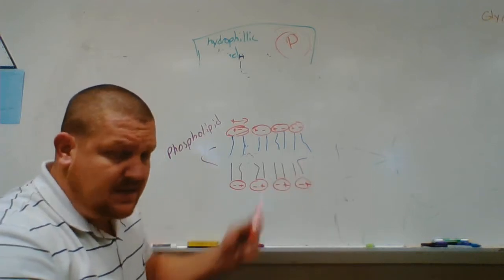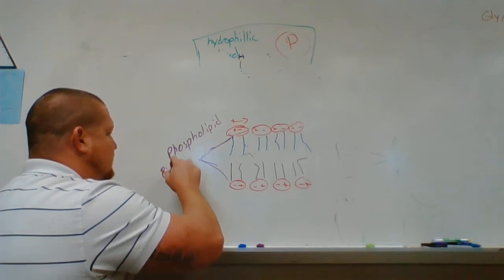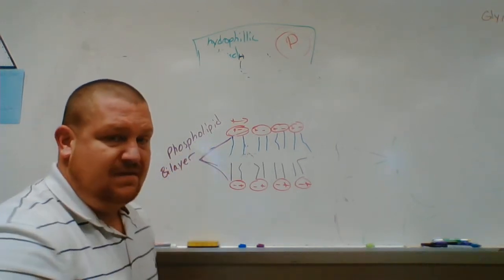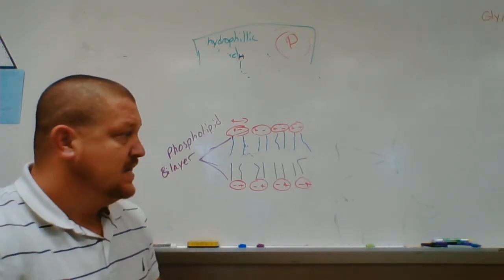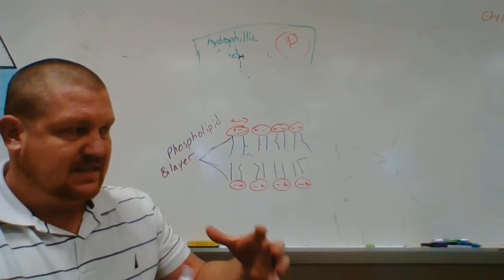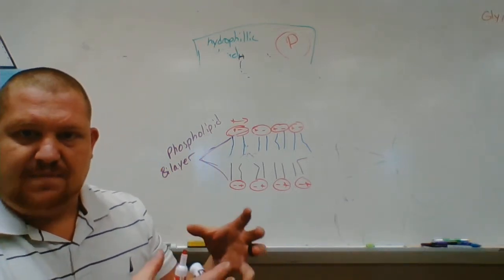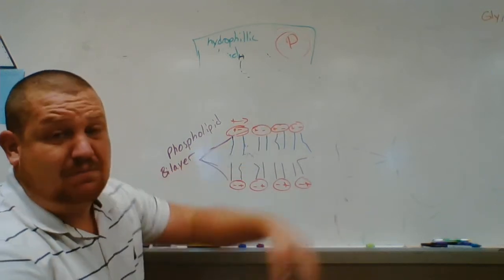Those are phospholipids, and there are two layers, so we call it a bilayer, a phospholipid bilayer, two layers of phospholipids. This is what our cell membranes are made out of. We don't have cell walls in animal cells. We have a cell membrane, and our cell membrane is built primarily of these.